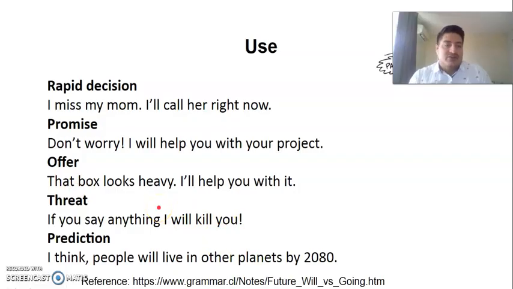So you offer some help to somebody. Threat, if you say anything, I'll kill you. Prediction, I think people will live on other planets by 2080. These are the most common uses for the simple future.